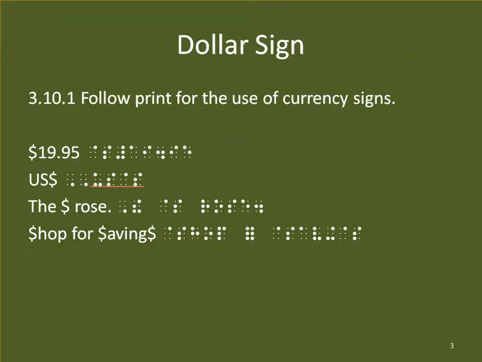This gives us the same experience as it does for print readers, whereas in the EBAE code, the dollar sign didn't look like a dollar sign at all. We could possibly use it in words like that, but it certainly messed up the spelling and pronunciation and everything, so it didn't work at all. So this, I think, just works very nicely.